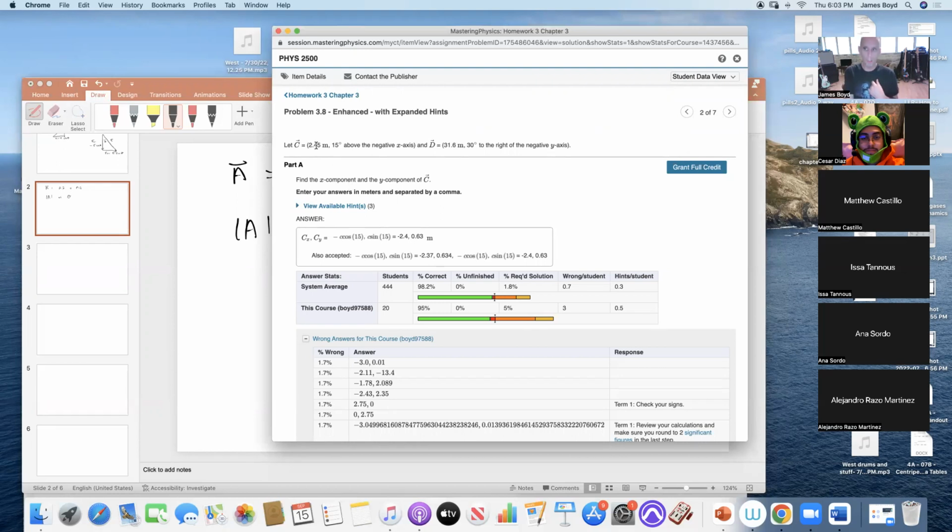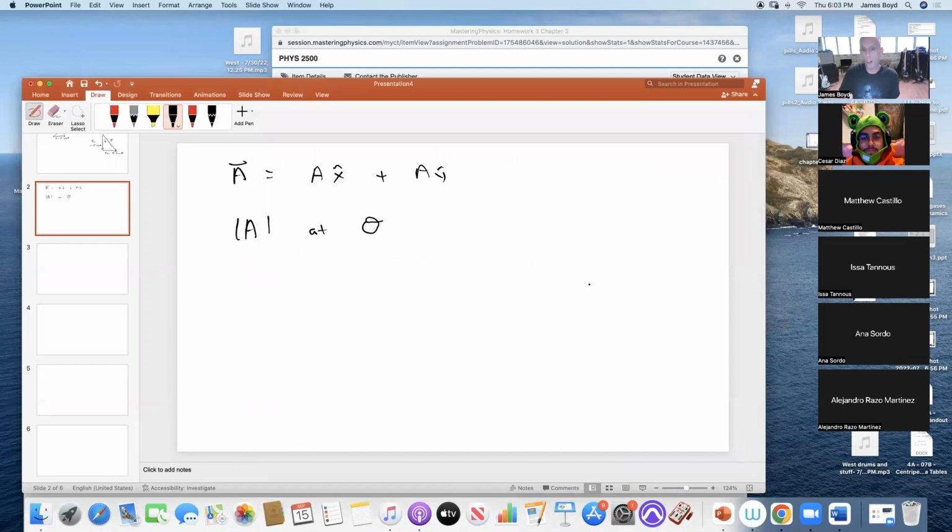Vector C, on mine at least, your numbers may be different, is 2.45 meters, 15 degrees above the negative x-axis. So when we draw our axes, remember that this is our positive y, this is our negative y, this is our positive x, and this is our negative x.